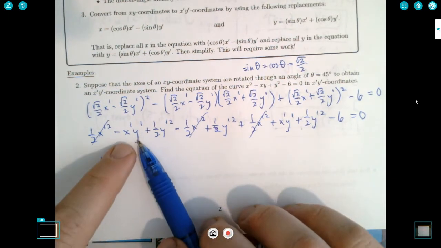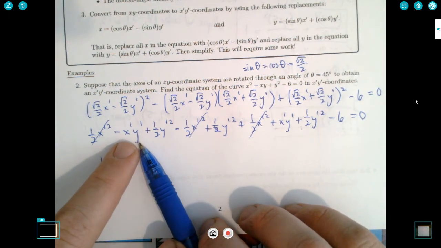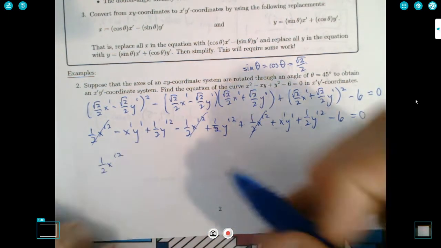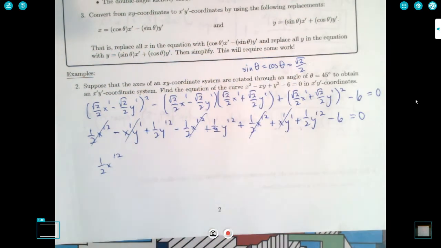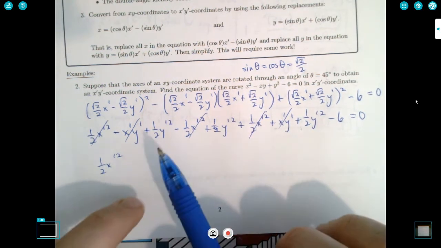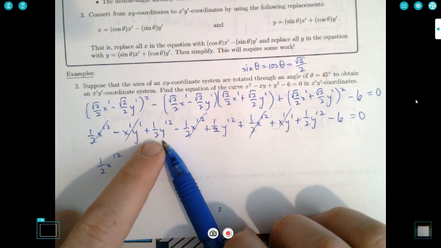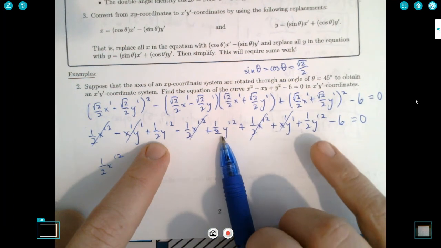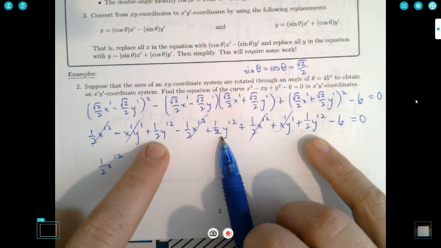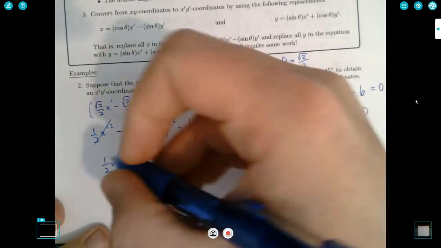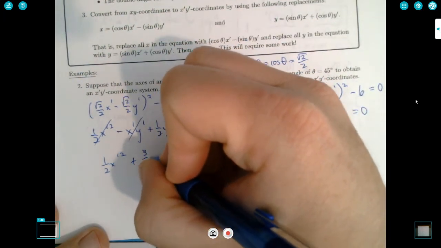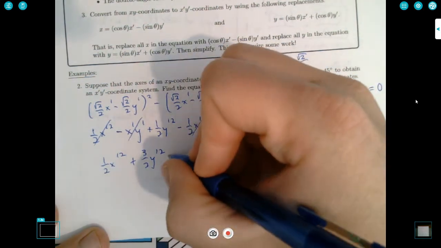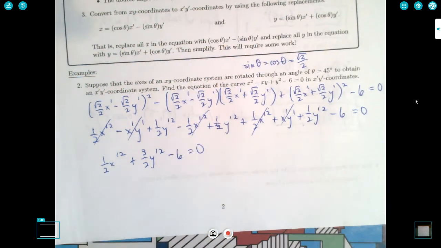We've got a negative x prime y prime here, and a positive x prime y prime there, so those cancel. And I don't have any x prime y prime terms left, which is exactly the goal, right? So I'm happy about that. I have a 1/2 y prime squared, another 1/2 y prime squared, and another 1/2 y prime squared. So I'm going to have in total 3/2 y prime squared, and then minus 6 equals 0.